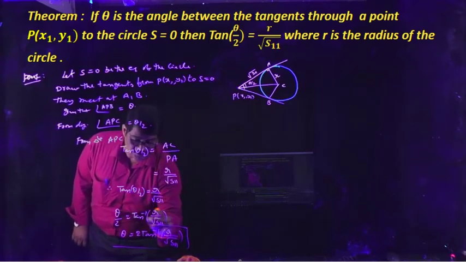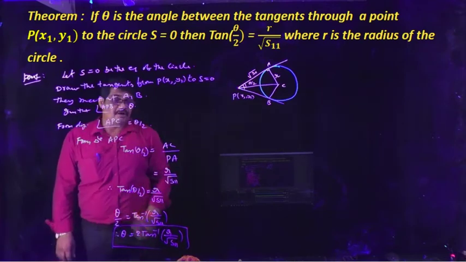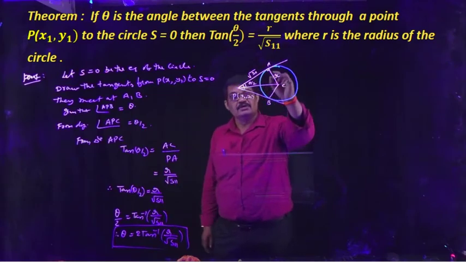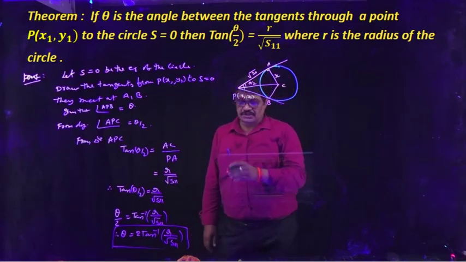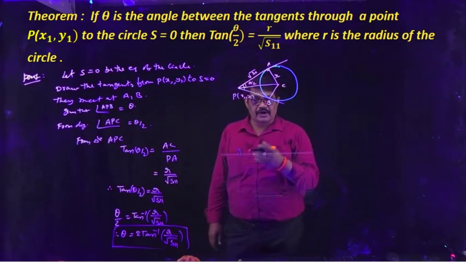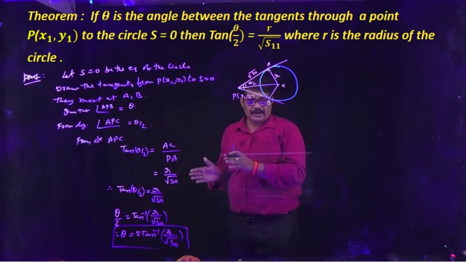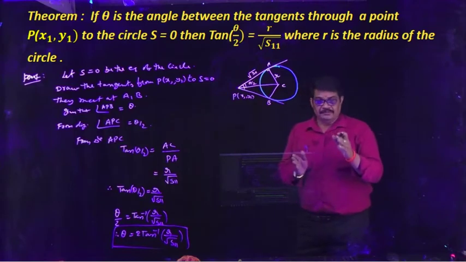So this is the angle between the pair of tangents from an external point P (x1, y1) to the circle. This is a very important formula for finding the angle between the pair of tangents from an external point P to the circle.